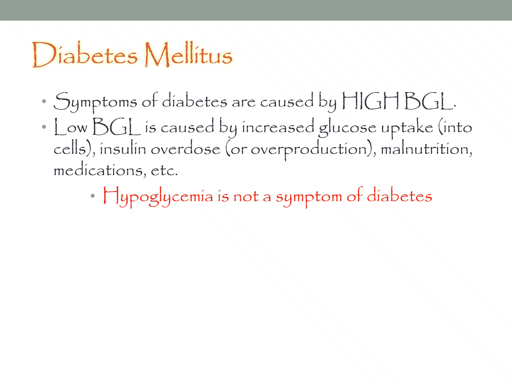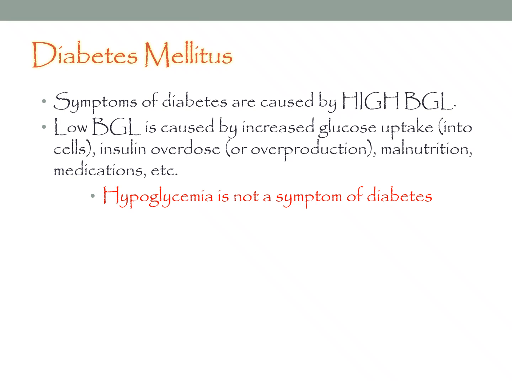This may be a little confusing, but remember, the symptoms of diabetes are because of high blood sugar, high blood glucose levels. I know you're thinking, but we run so many hypoglycemic patients. We do, and oftentimes the hypoglycemic patients you run are diabetic patients. However, it's not a symptom.